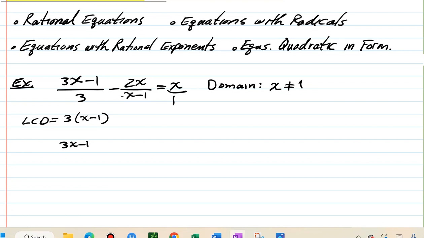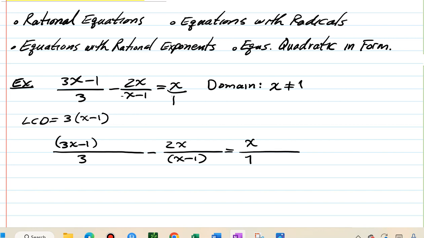Here's 3x minus 1 divided by 3. Next, I have negative 2x over x minus 1 equals x. I'm going to give x a denominator of 1. Notice what we're doing to both sides: we're going to build to the LCD. So for the first fraction, it has 3.